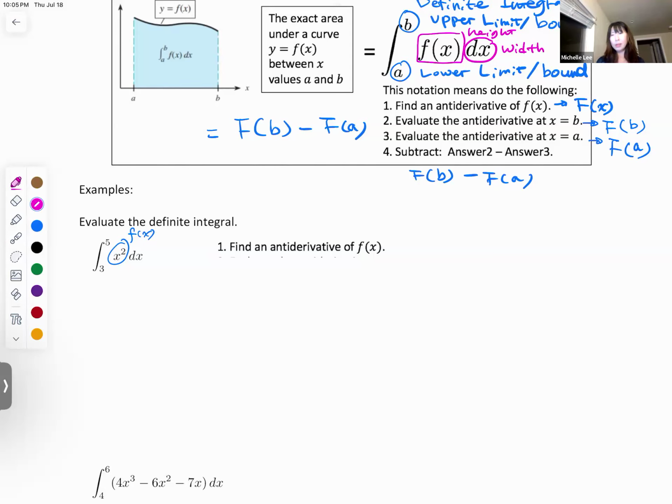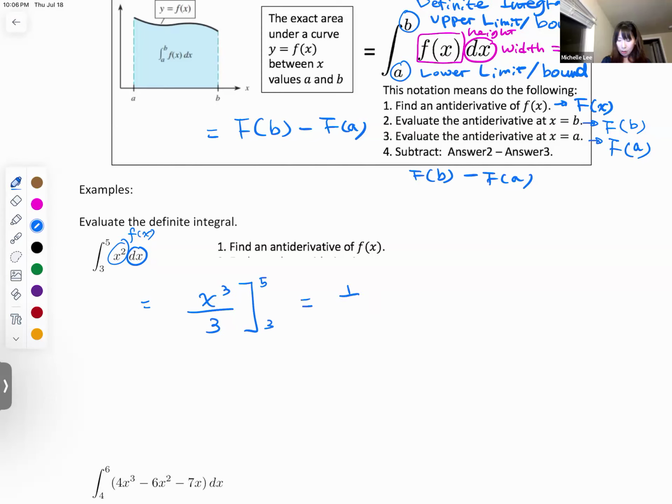Make sense? That's how we did it last time, the area equals width times height. Now the antiderivative of x squared is x to the third, divided by the new power, which is 3, and we want to evaluate from 3 to 5.